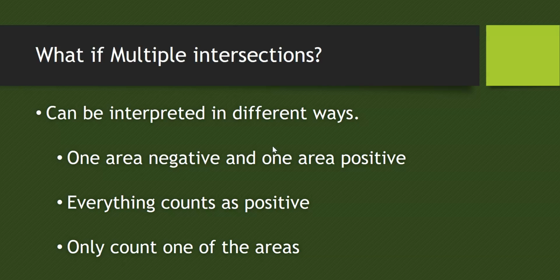So that's what we mean. If we do have multiple intersections, you can interpret it in lots of different ways. You have to be careful. You could, again, count one area as negative, one as positive, we count everything as positive, or we might just do one of the specific regions.